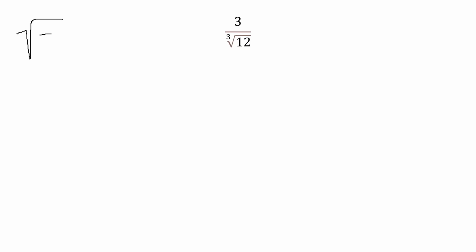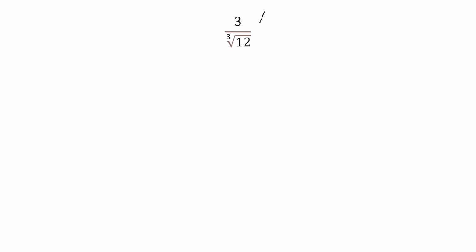Remember the first one we had, square root of 7. And we multiplied it by itself, because the square root is 2 of them. So instead of using this weird, crazy formula that they've got, here's what I need to remember. Cubed root means that there are 3 of them.